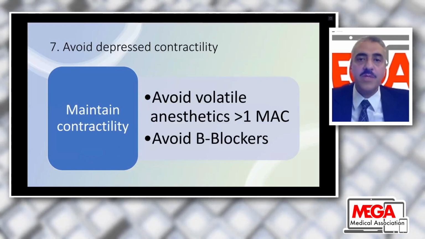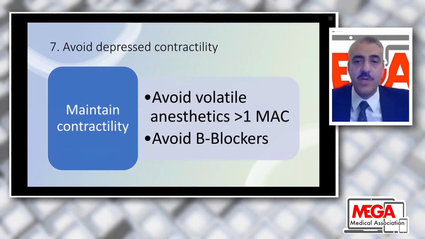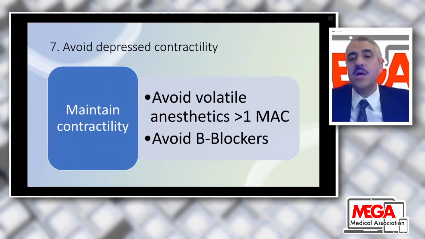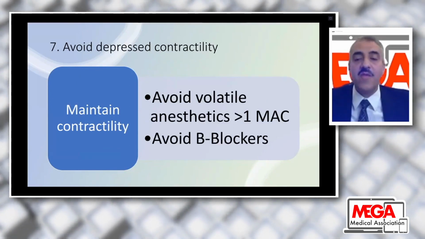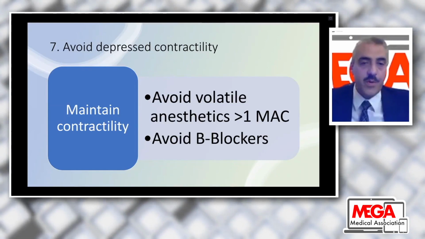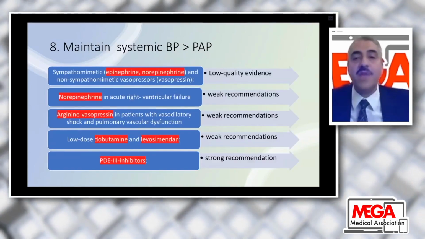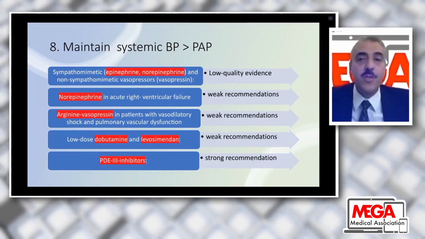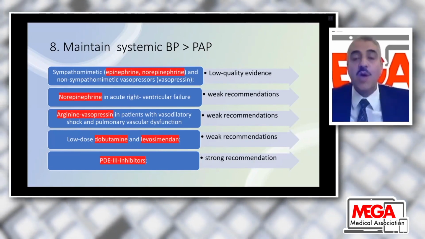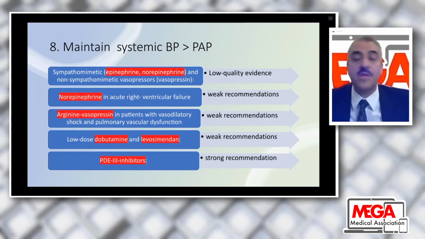We need to avoid depressing the contractility by maintaining the contractility of the patient. Don't increase the volatile anesthetic more than 1 MAC and avoid beta blocker usage inside the OR. We need to maintain the systemic blood pressure above the pulmonary artery pressure. If the pulmonary artery pressure, for example, is 90, you have to increase the blood pressure to more than 90.